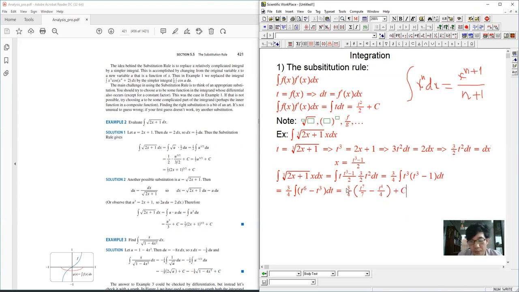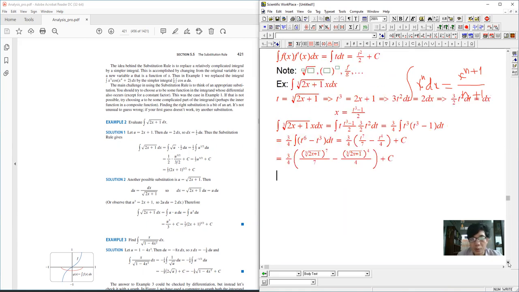Then we substitute t by the initial function, and here is the integral of the function.